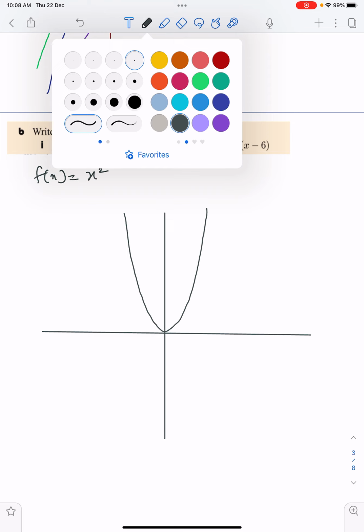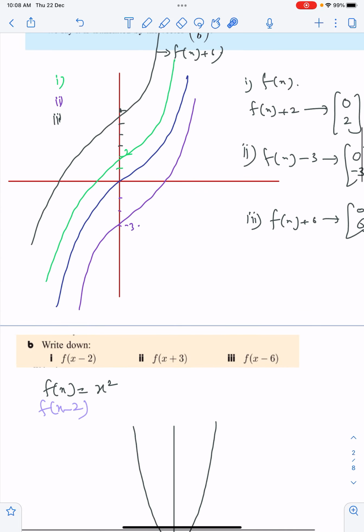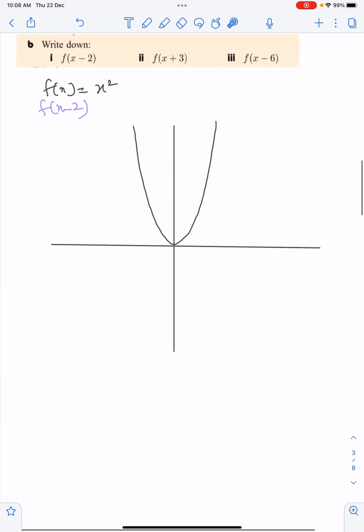In the first part, you have to draw the graph of f of x minus 2. Now this is vertical movement. If there is a minus 2 outside the bracket, that means the whole graph is going to vertically shift downwards. We have done the example here. If this was the original graph, it will go 2 units downwards and the graph will be this. In this case, there is a horizontal movement. If it's inside the bracket, it is going to move 2 units to the right now.